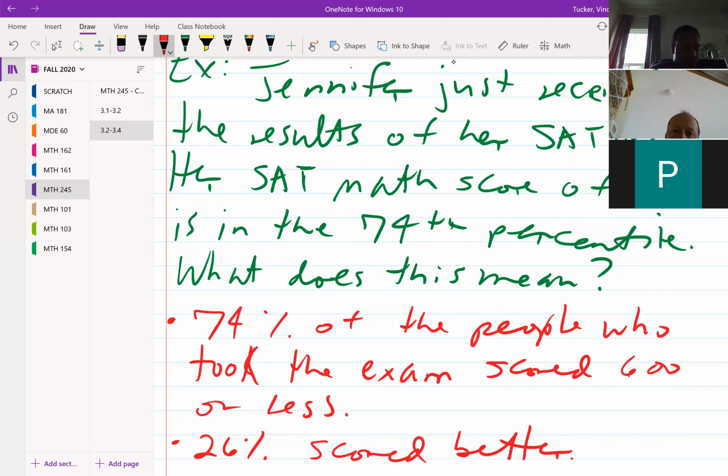Okay, so what that means is that 74% of the people who took the exam scored 600 or less. Remember, her score is 600. 26% scored better. So you would just take that 74, subtract it from 100, and you would know how many people scored better than her.